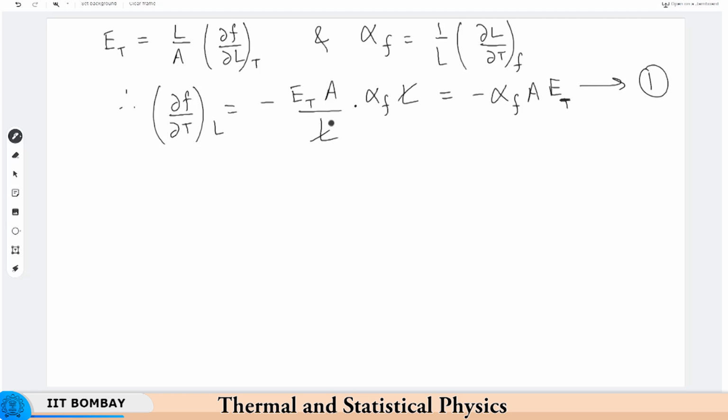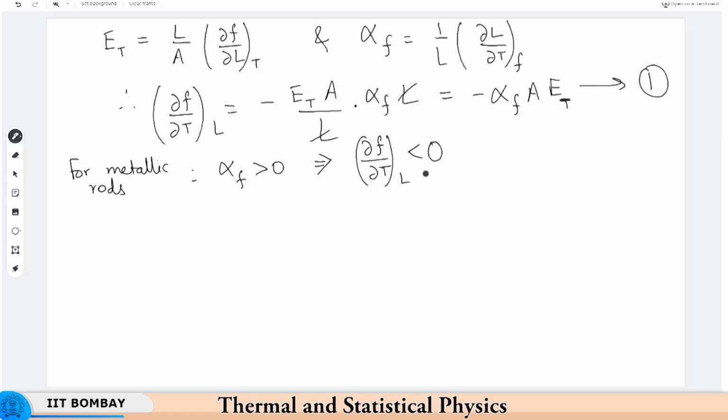So let us try to again visualize this result. Remember I said for metallic rods, if alpha_f is positive, that implies del F by del T at constant length is negative. Now I want you to use your imagination. You are holding a rod by applying a certain force, and you are making sure that the length does not increase.